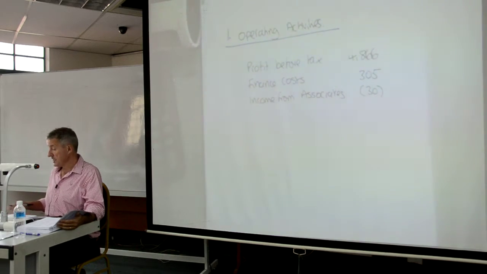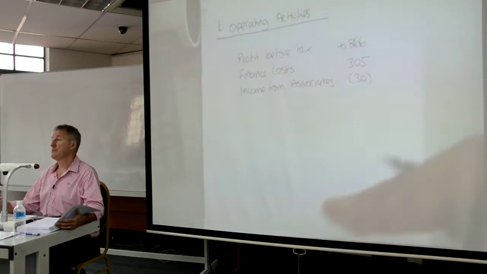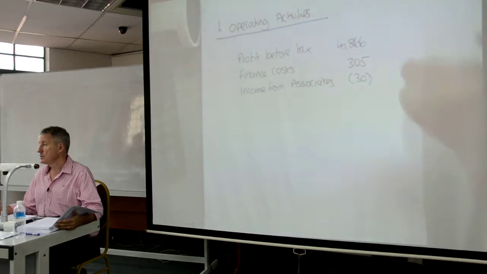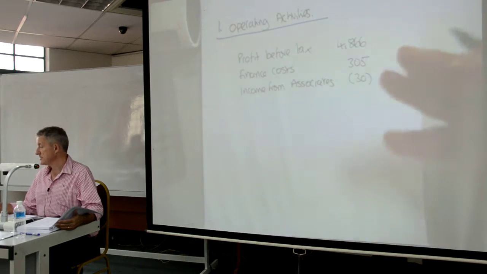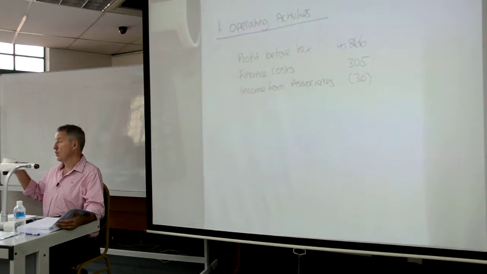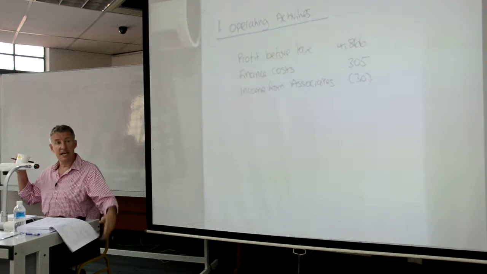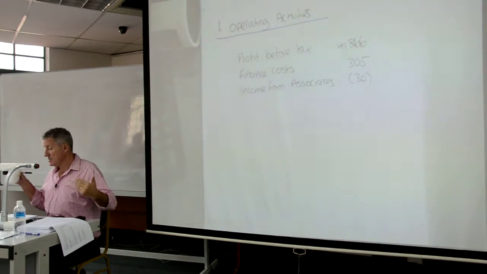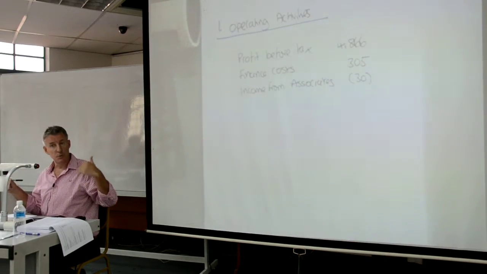The first thing that I always do is simply reverse out those numbers from the P&L. You start with profit before tax, and then you adjust for the finance costs and the income from the associates. The interest that I've paid will be later, and the dividend that I've received from the associates will be later.